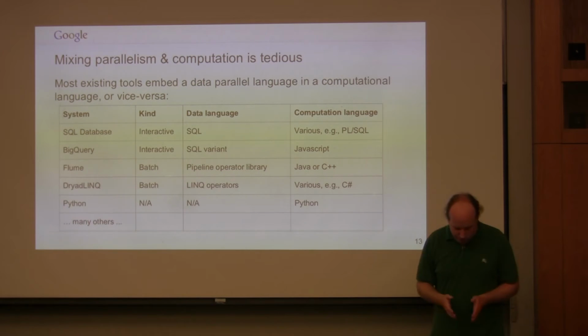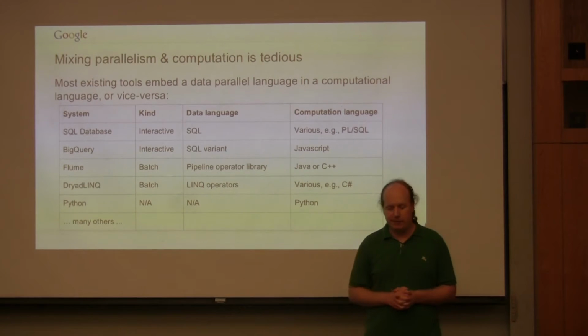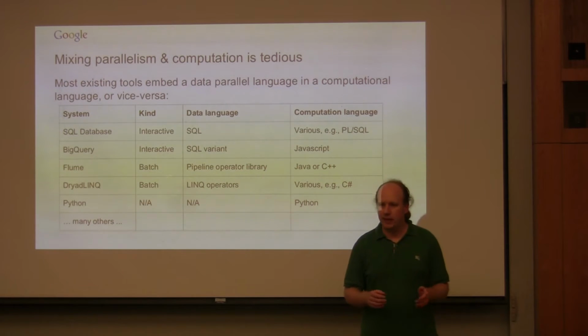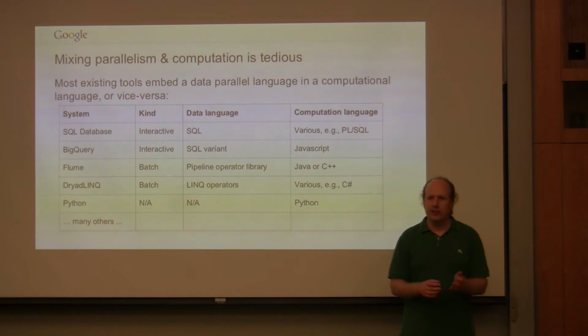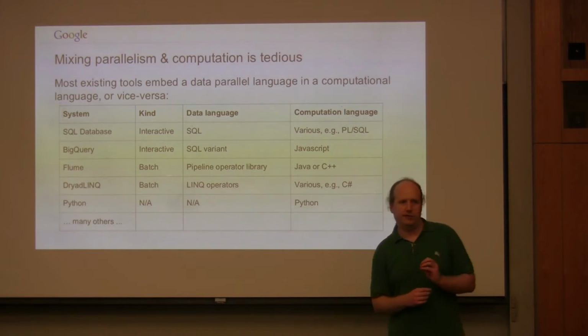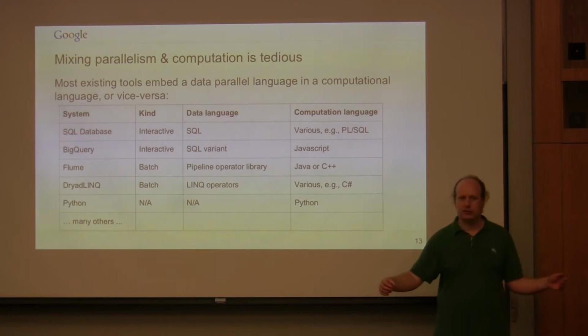So the second claim is we make it easy to mix parallelism and computation. Why is this necessary? If you think about how you're going to process your multi-terabyte collections, you need data parallelism, because you are not going to process these terabytes on your local machine. You need to process it on thousands of machines if you actually want to get somewhere.